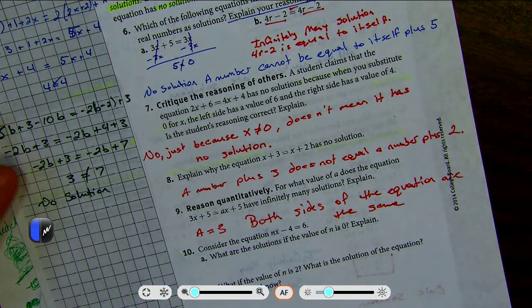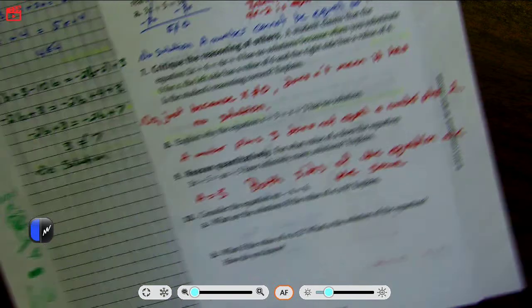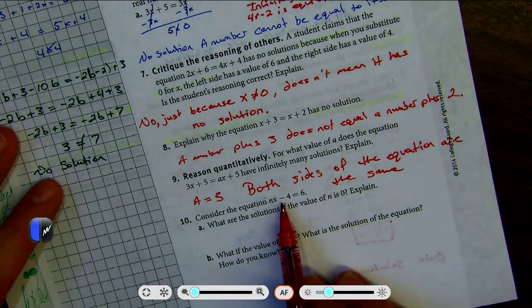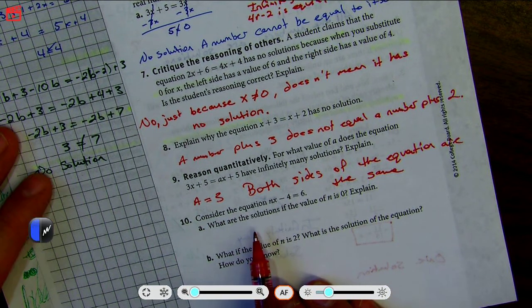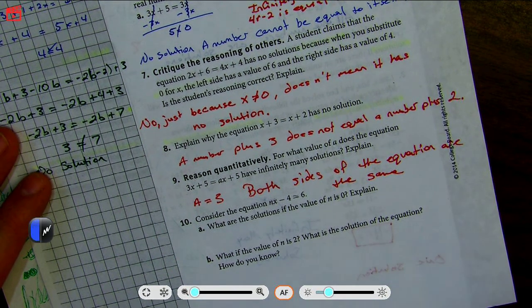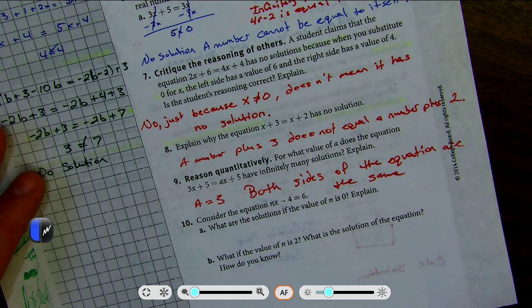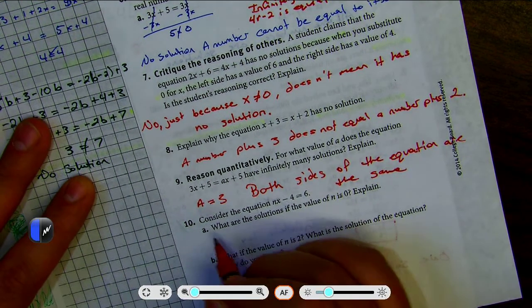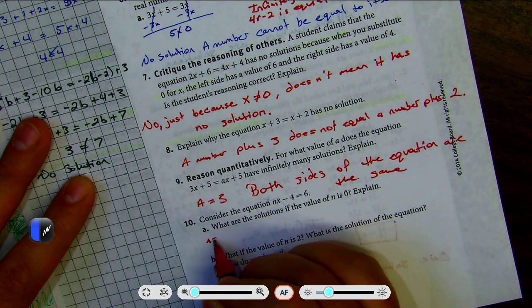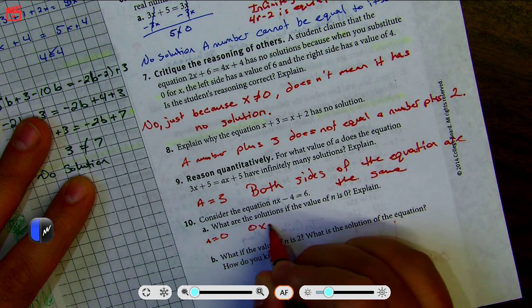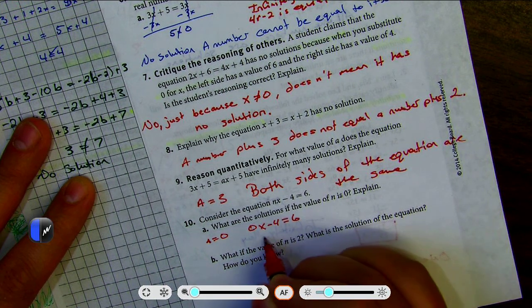All right, let's take a look at 10. Consider nx minus 4 equals 6. What are the solutions if n is 0? If n equals 0, I will have 0x minus 4, which means I'll just have negative 4 does not equal 6.